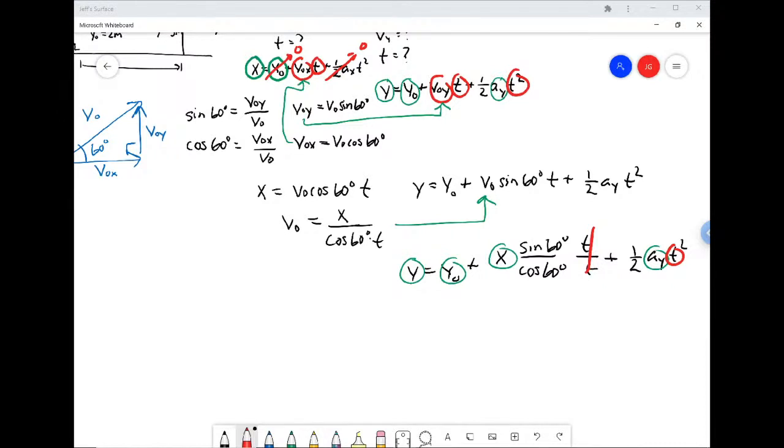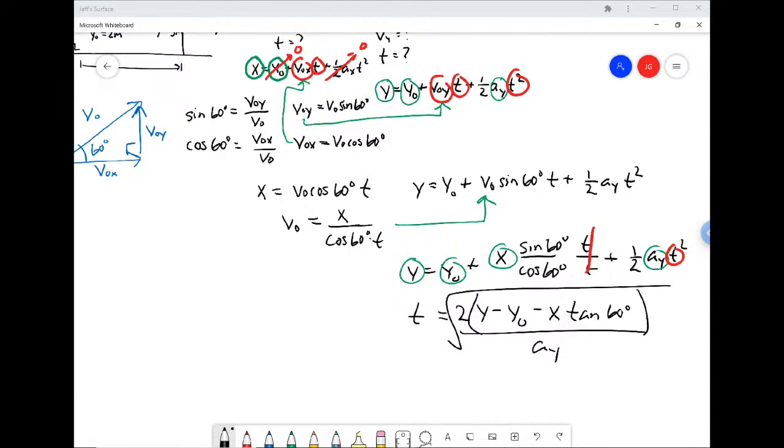Okay, so now I can solve for time. t equals y minus y naught minus x, sine over cosine is tangent of 60 degrees, multiplied by 2 divided by a sub y square root.